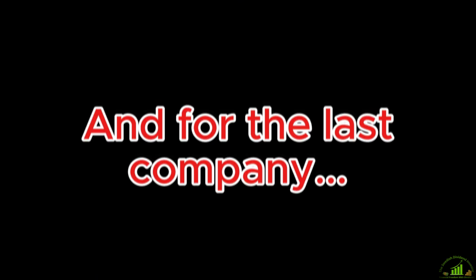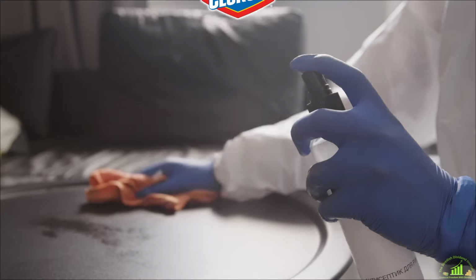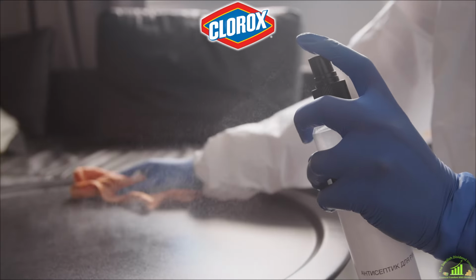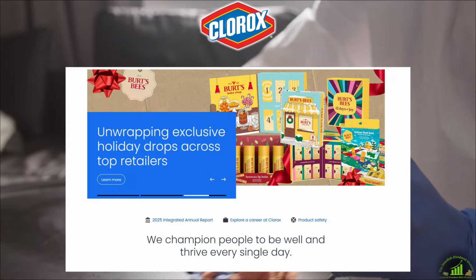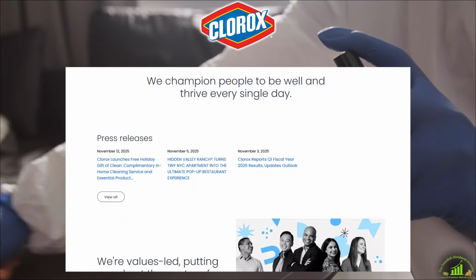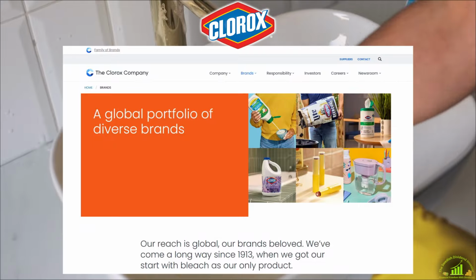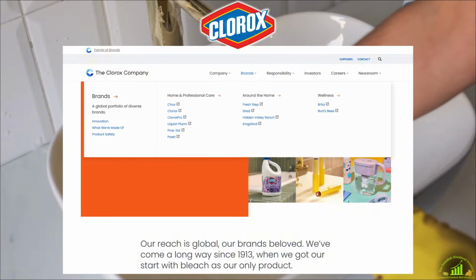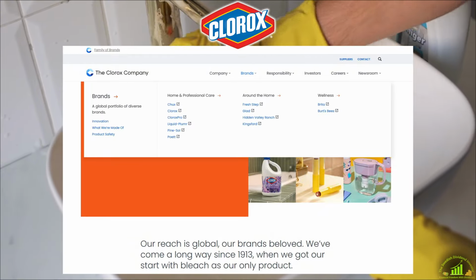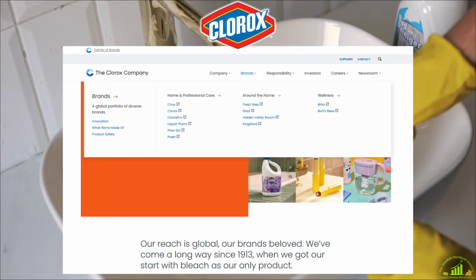And for the last company, I've gone with a blue chip company, Clorox, ticker CLX. The Clorox company is a US consumer goods manufacturer best known for its cleaning, disinfecting and household products sold under iconic brand names. Clorox makes and sells everyday consumer products across 4 main segments: health and wellness, household, lifestyle and international.